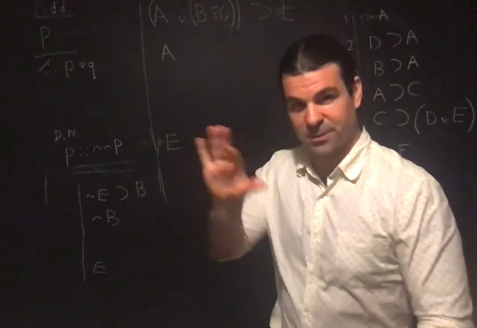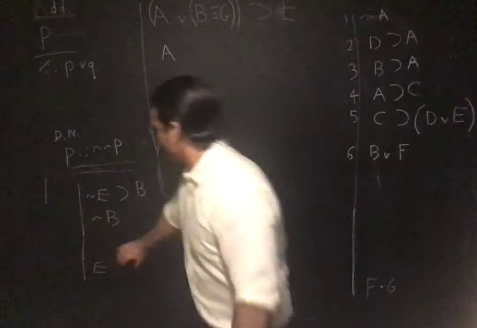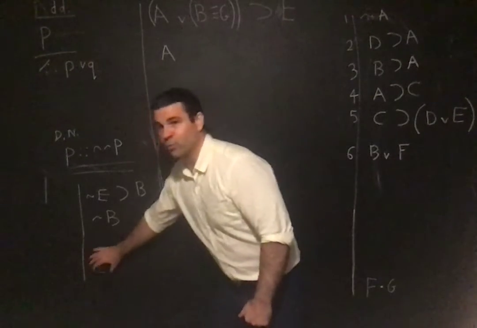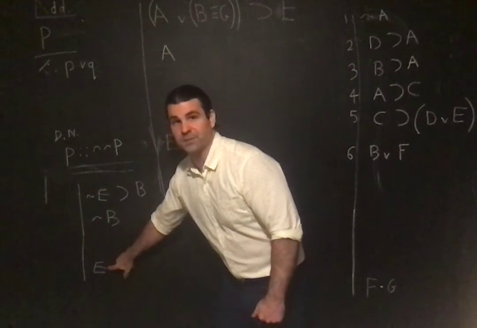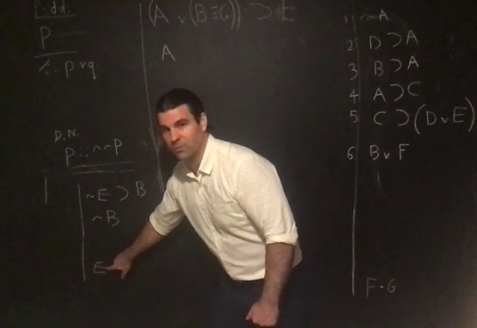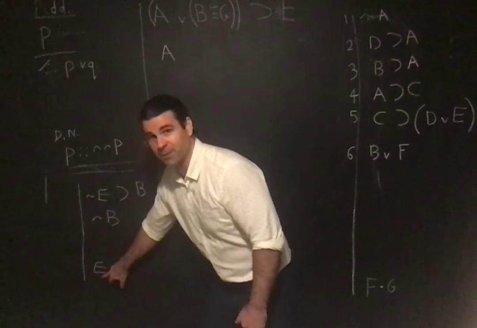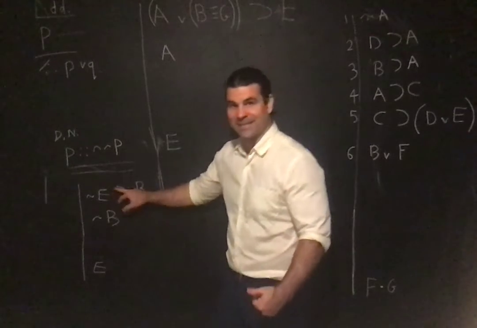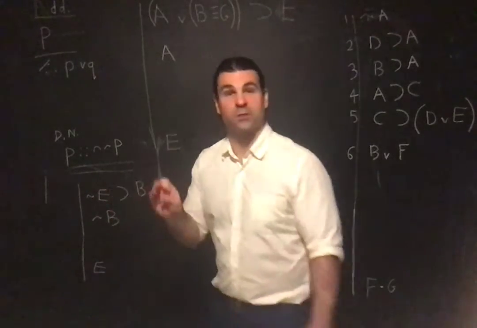I usually think it in the other order. First of all, I ask, what rule is going to get me this formula? So I figured out where does this appear, plus or minus negation? It appears here. What rule am I going to use to get that by itself? Modus tollens.